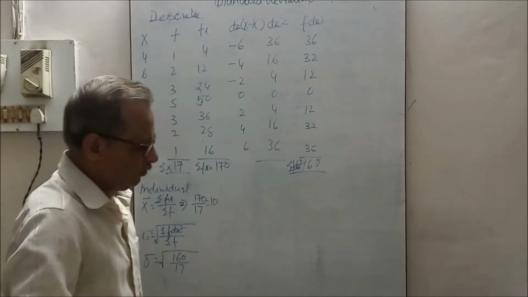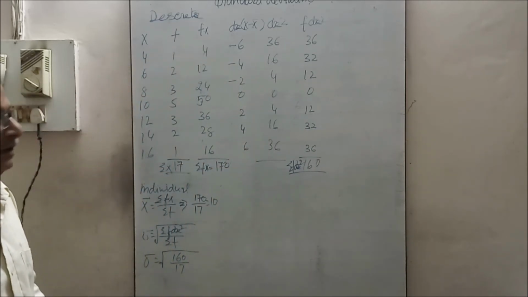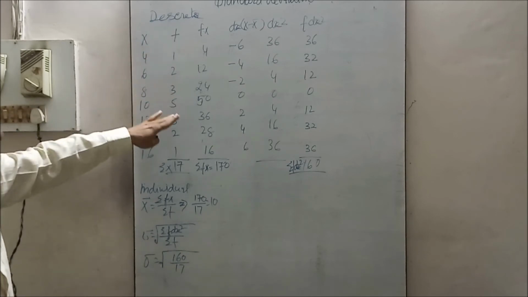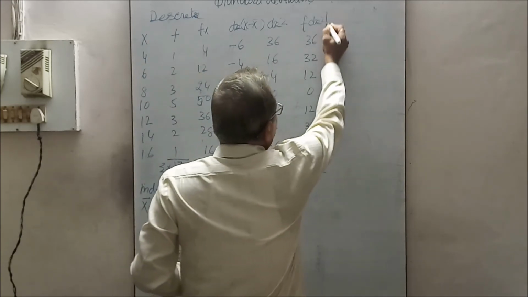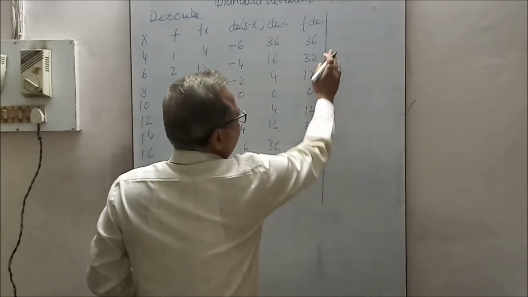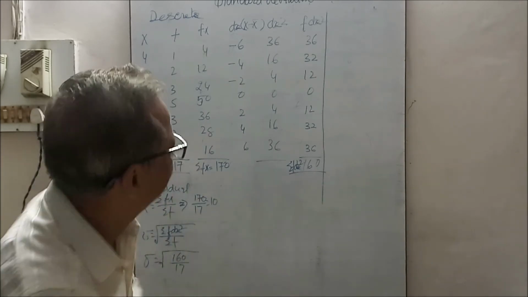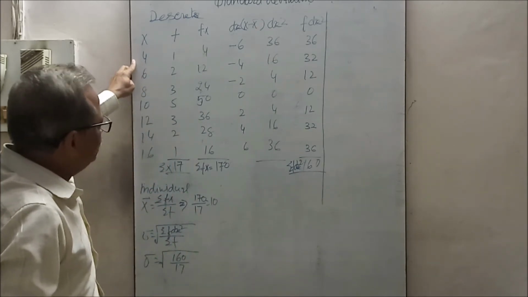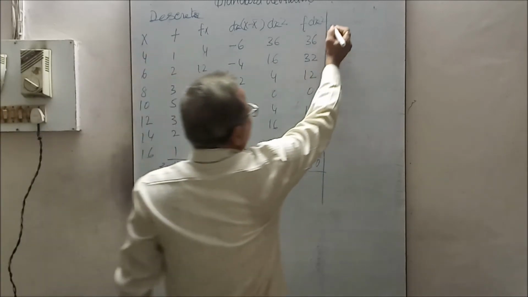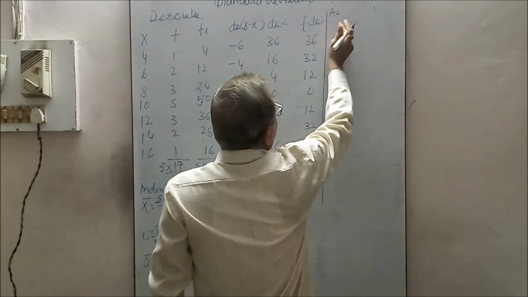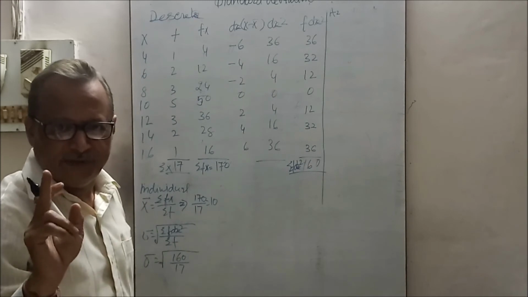Okay? Now for the same question we will use the shortcut method. We assume any of the items as the assumed mean and find the deviations, to find the average mean.